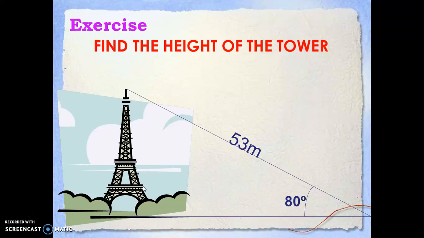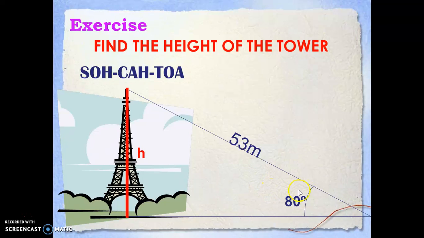Okay, another example. Find the height of the tower in this diagram. We have the angle of elevation 80 degrees and the hypotenuse here is 53, and we are to get the height. So you have to remember again the SOHCAHTOA.